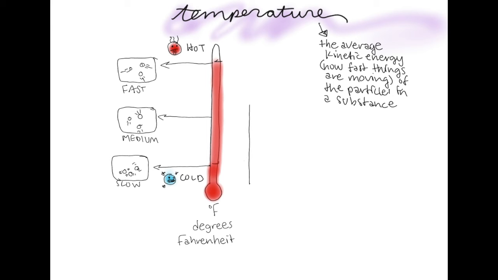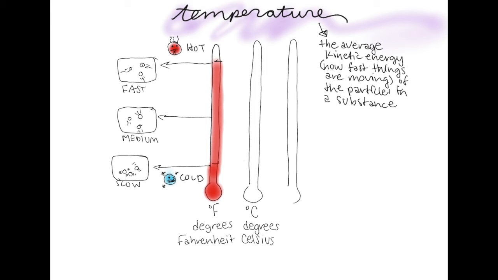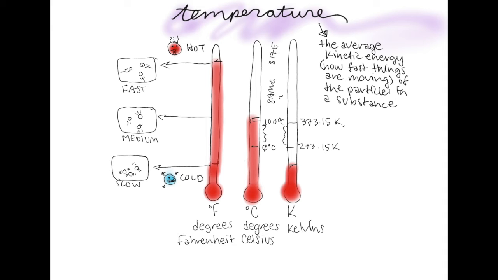In the United States, we typically use degrees Fahrenheit to measure temperature, but in science, we actually use degrees Celsius or kelvins. We use Celsius instead of Fahrenheit because Celsius and kelvins have the same sized units. If you increase by 1 degree Celsius, you also increase by 1 Kelvin. But why kelvins?